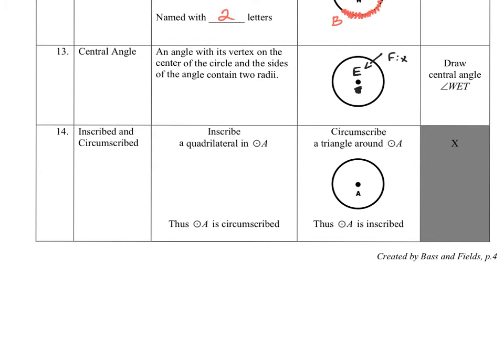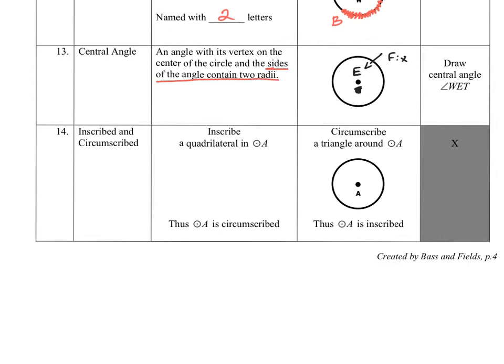So now, a central angle, some key words here. The central angle is an angle with its vertex on the center. So the vertex of my angle is going to have to be on the center. And then these other parts are really important. The sides of the angle will contain 2 radii of the circle.